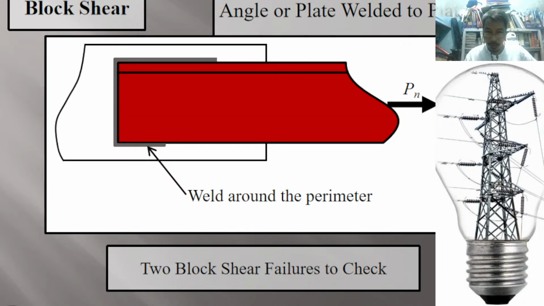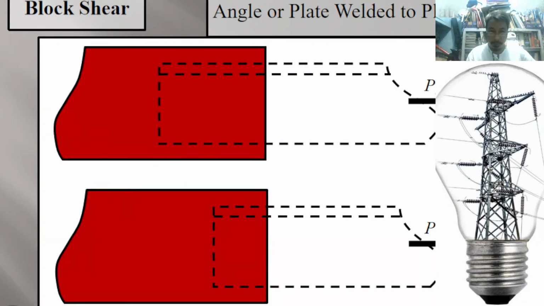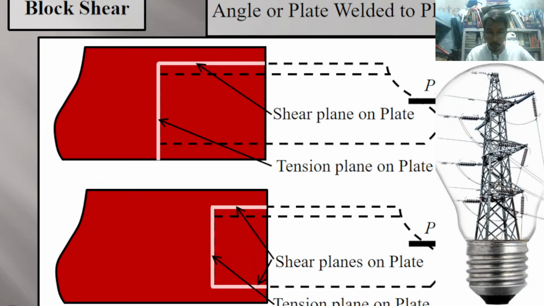Weld around the perimeter. Okay, what would happen? So let's take a look at the possibility.